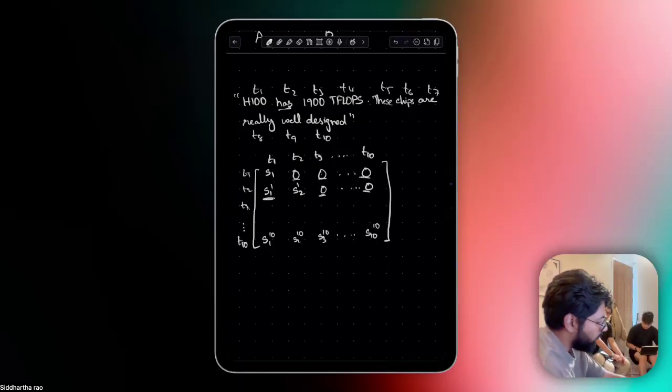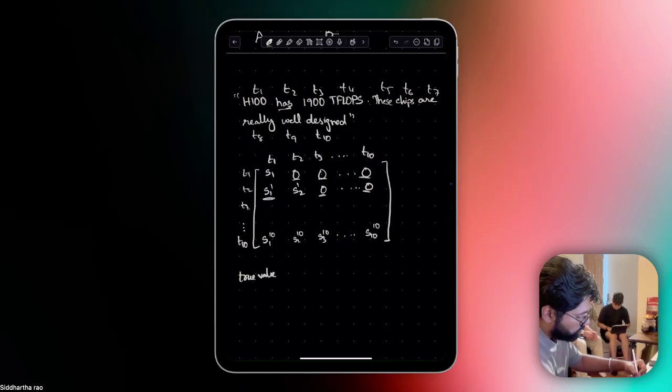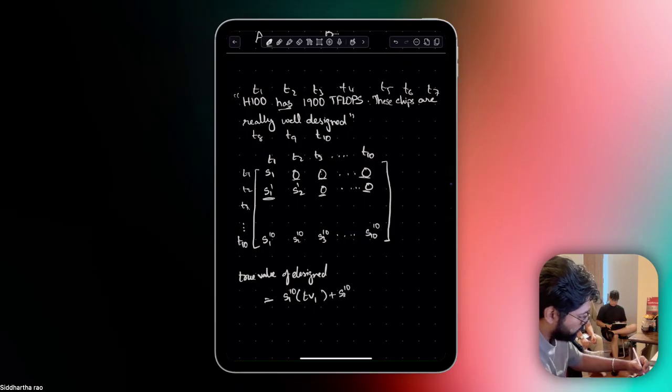So then the true value of the word designed is equal to S1,10 times the true value, I'm just going to say TV of token 1, TV1, plus S2,10 TV2, plus S10,10 TV10.